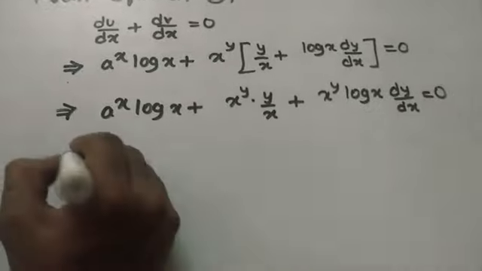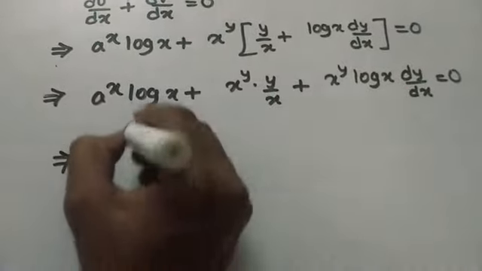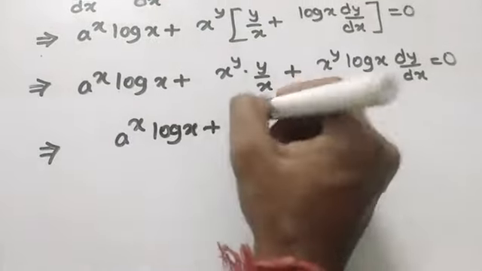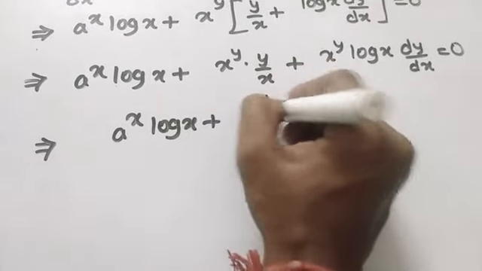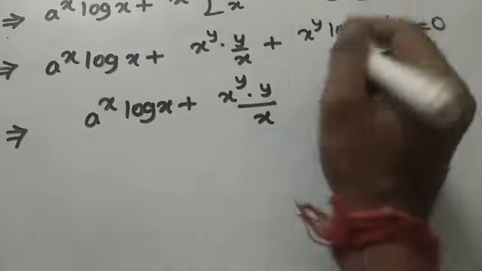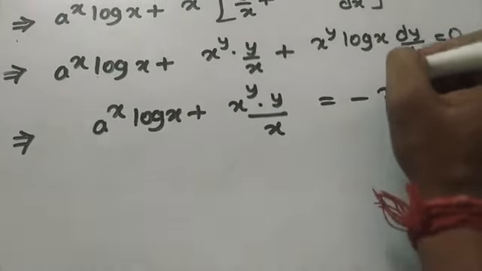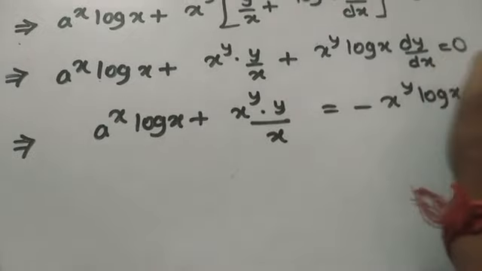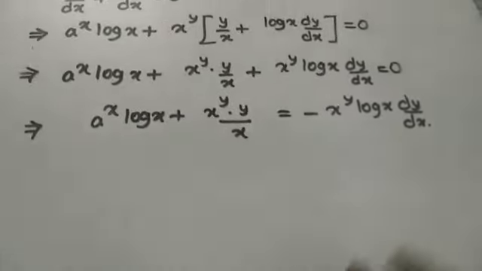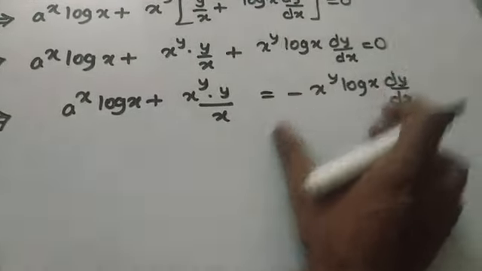Now taking the dy by dx term to that side, we will get a to the power x log a plus x to the power y into y divided by x equals to minus x to the power y log x dy by dx. We just need dy by dx, so we will take all the terms to this side.